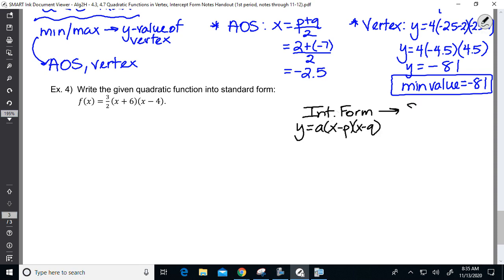You're converting it to standard form. Which has no parentheses at all. So this is a situation which you're going to be doing some FOIL. Doing some distributive property, multiplying the problem out.